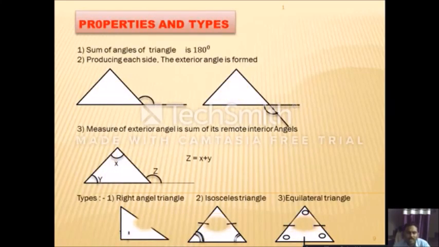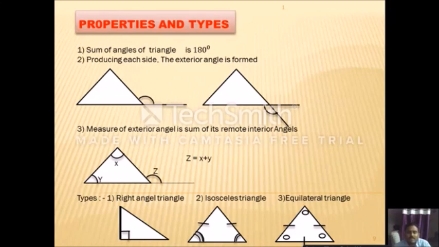First, properties. We know that the first important property of a triangle regarding the angles is that the sum of the angles of a triangle is always 180 degrees. Second, if we produce any segment of a triangle, then at the vertex an angle is formed exterior to the triangle, and that angle is called an exterior angle. We can produce two segments at the same vertex.